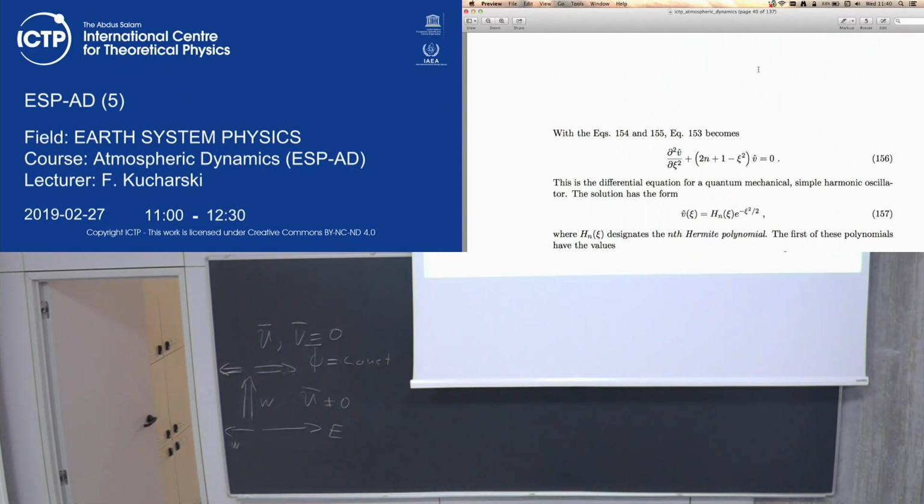And sometimes people like to do this because this equation is actually known. This equation is a known equation in this new variable, in the scaled meridional distance psi. And it's the differential equation for a quantum mechanical harmonic oscillator.